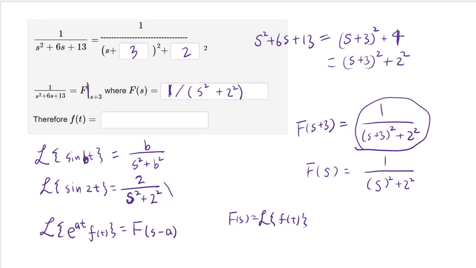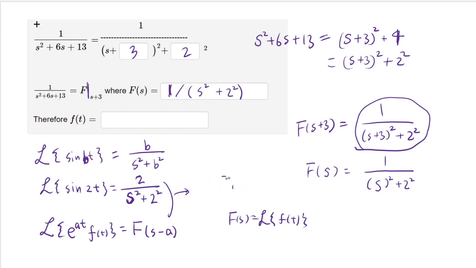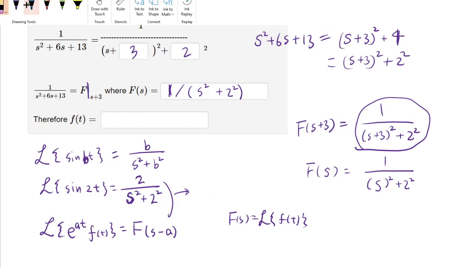So if I put these two together, we have an interesting formula which says that if I have a Laplace transform of e to the at sine 2t, let me try a different color just so that it's easier to see.